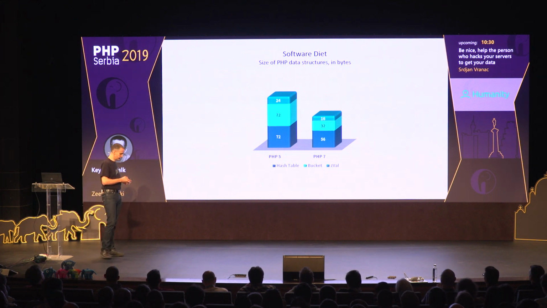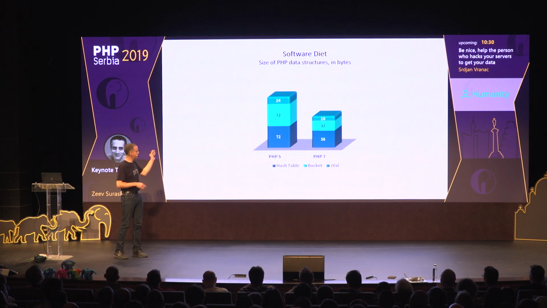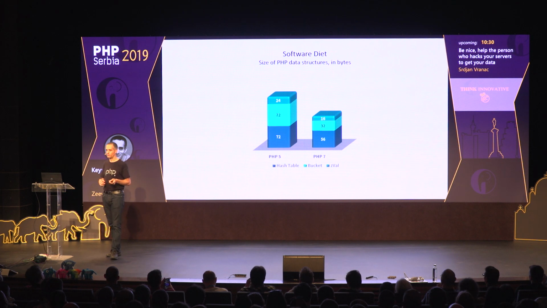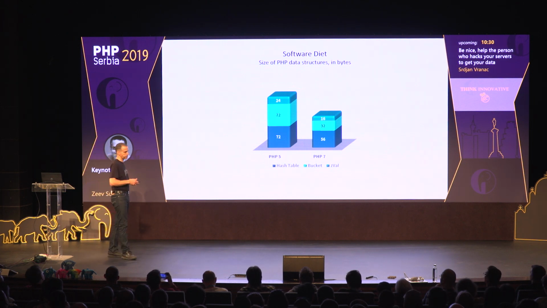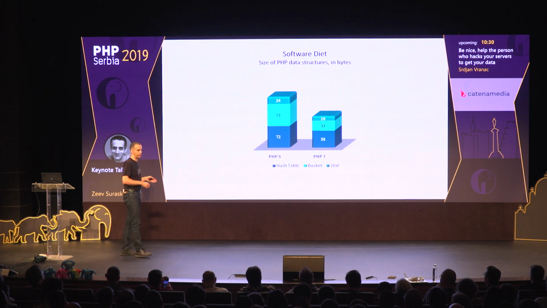So basically, at the top, you see the zval. The zval is the basic building block of PHP. It's the basic data structure that holds any kind of value, whether it's an integer, or a string, or an object, and so on. And we managed to trim it down from 24 bytes to 16, which, 24 and 16 bytes, it's nothing.